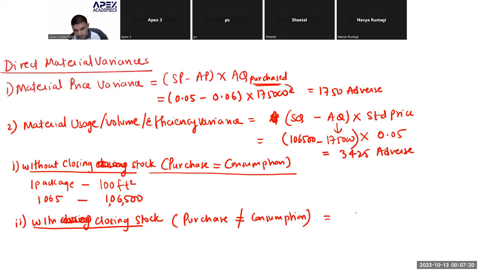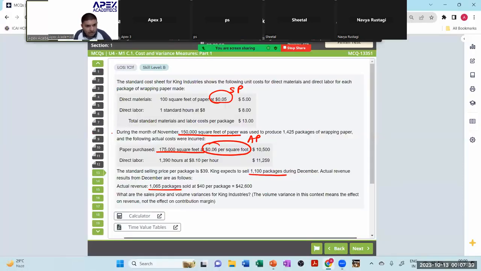Again the formula: standard quantity minus actual quantity multiplied by standard price. Now here actual quantity will be 1,50,000. Sir, how? Please pay attention. During the month of November, 1,50,000 feet of paper was used. Understood? Yes, sir.